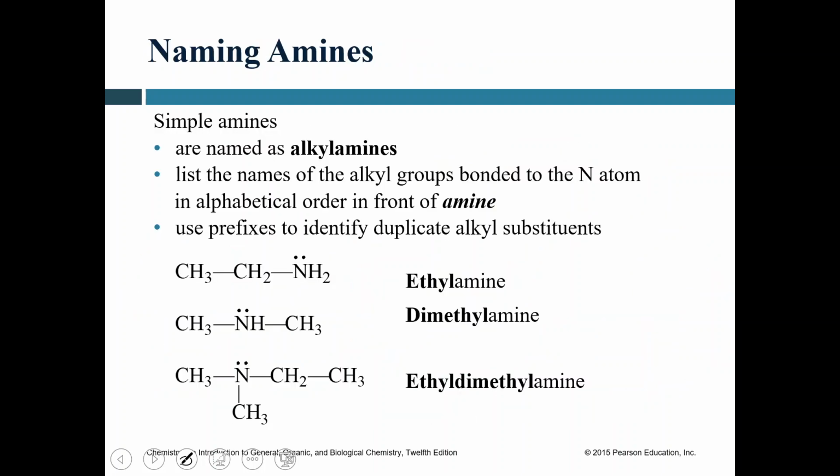Simple amines are known as alkylamines. And here are some examples of naming alkylamines. Pretty easy. So alkyl groups that are bonded to the nitrogen atom are listed in alphabetical order in front of amine.